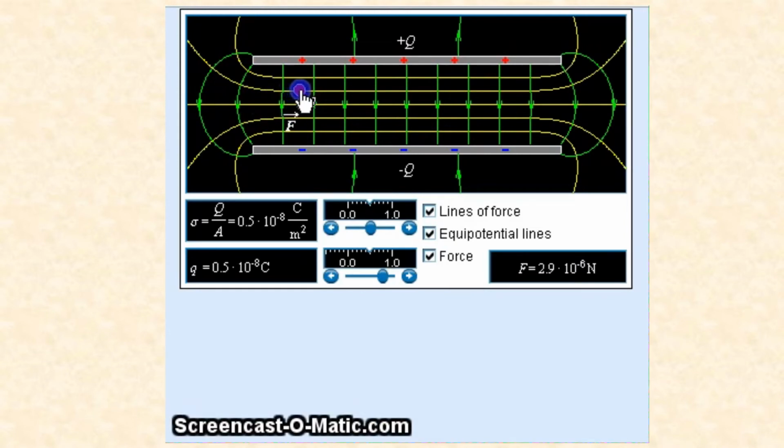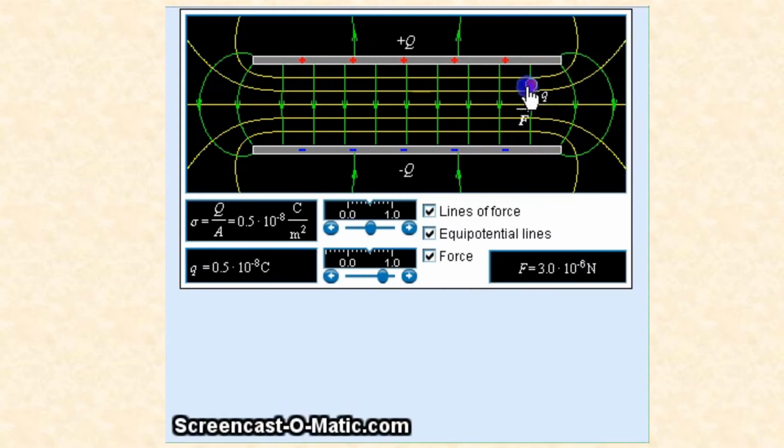You'll notice that the value of the force is constant, and you will also notice that the direction of the force at all points here is perpendicular, and you can see the direction of the force on the charge here.